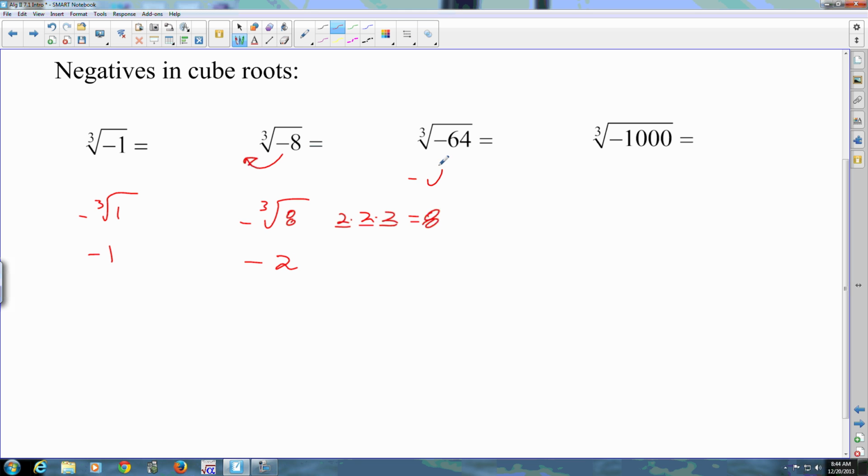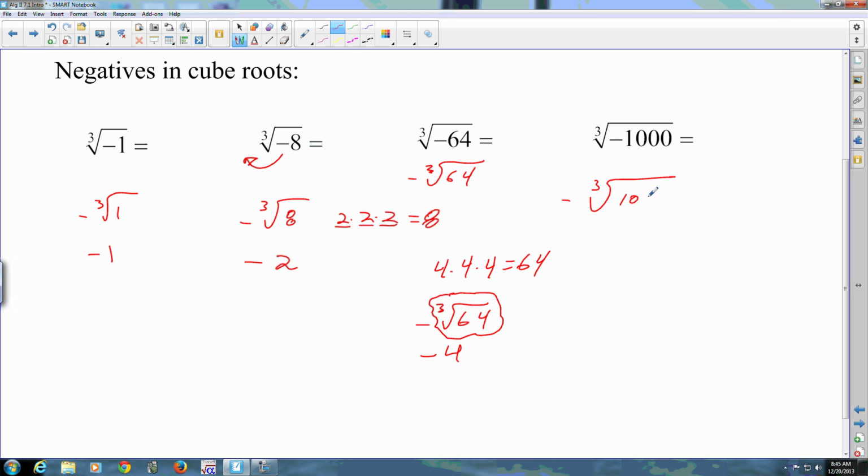This one, negative cube root of 64. What times itself 3 times is 64? Well, I know that's a little bit harder to do in your head, but 4 times 4 is 16, times 4 is 64. So that's negative cube root of 64, negative, and this much here is worth 4. So what's negative 4? This one, the negative pops out.